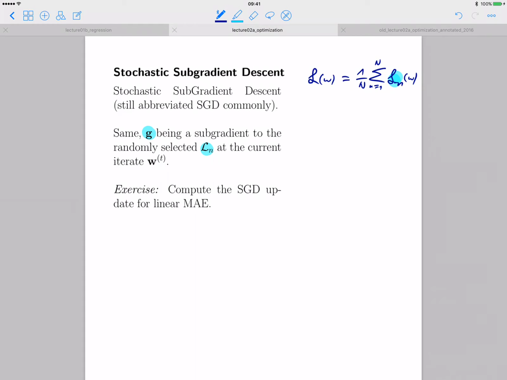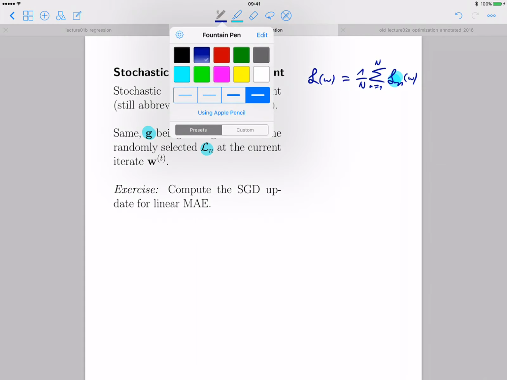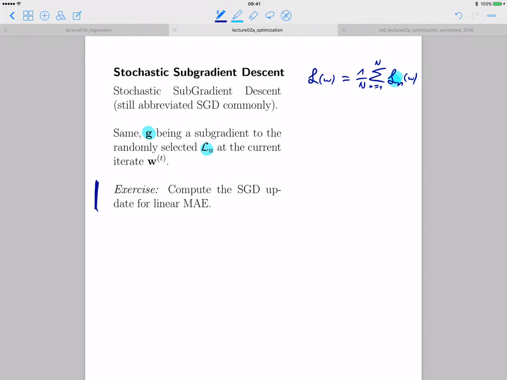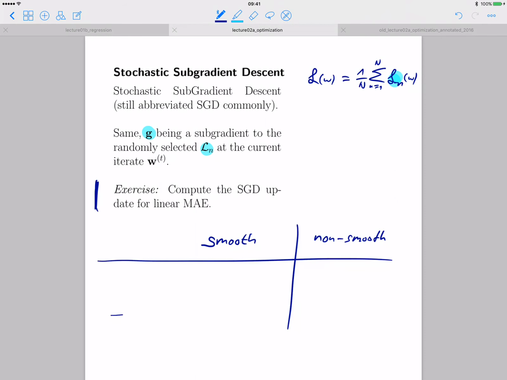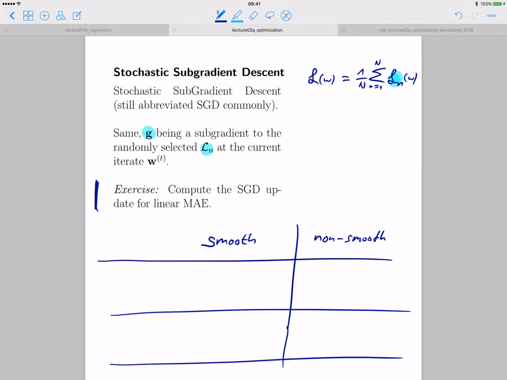So yeah, now we've seen a lot of things. I will summarize it briefly. And in the lab, you will actually have all the 4 cases here. So let me try to have this little table. We had smooth functions. That was the case for least squares. And we had non-smooth functions, which was the case for the absolute error. So these are not differentiable. That was what we tried to solve, right?